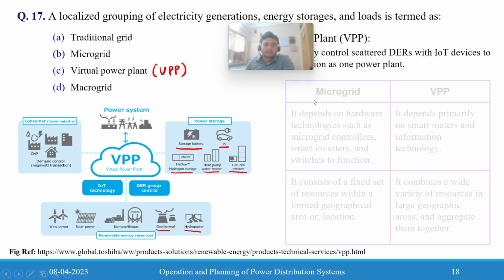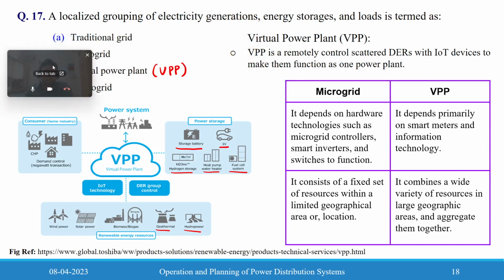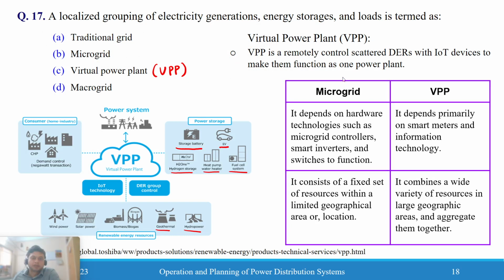I have also mentioned the definition of a virtual power plant. A virtual power plant is remotely controlled, scattered, distributed energy sources with IoT devices to make them function as one power plant. A microgrid depends on hardware technology such as microgrid controllers, smart inverters, and switches to function. On the other hand, a virtual power plant depends primarily on smart meters and information technology.